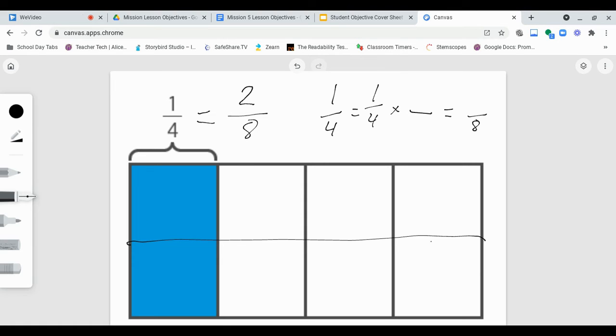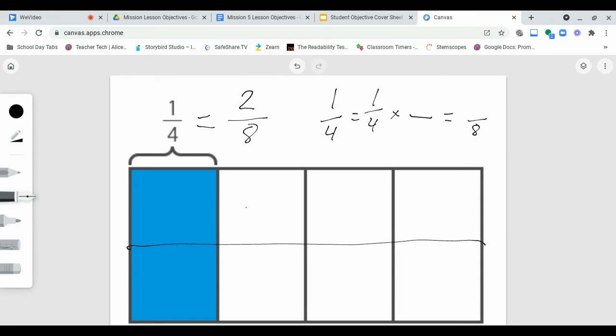Well, all I need to do is look at how many times I split this. How many groups did I end up making? Think of it as how many rows. I had 1 row, and then I had 2 rows, right? I split it, so there are 2 rows. That tells me that I need to multiply times 2.